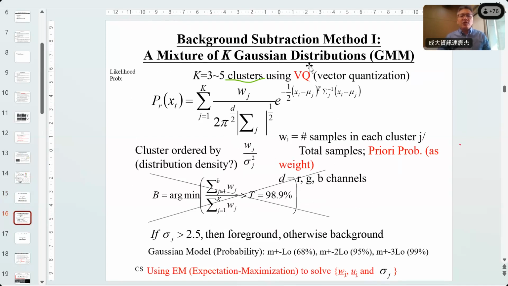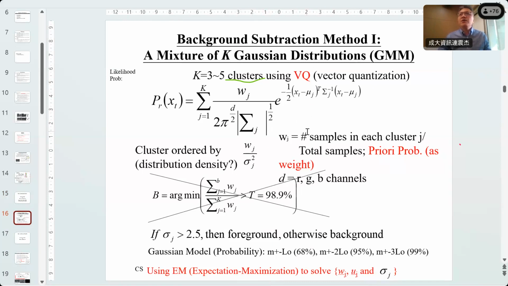So we continue. This is the Gaussian model. And we have the mean value mu. We have a standard deviation here. If it's 1D, there's only 1 mu and 1 standard deviation, so this is Gaussian.